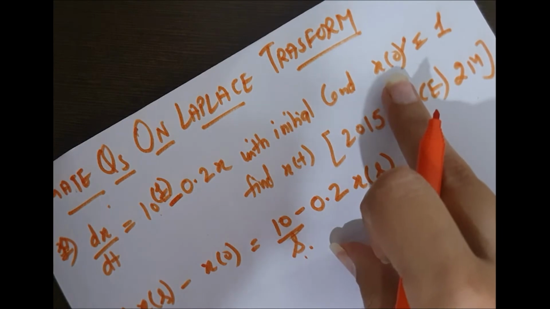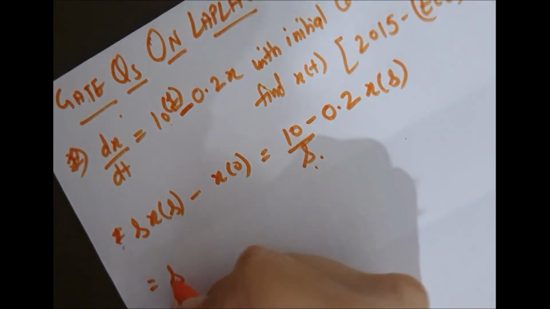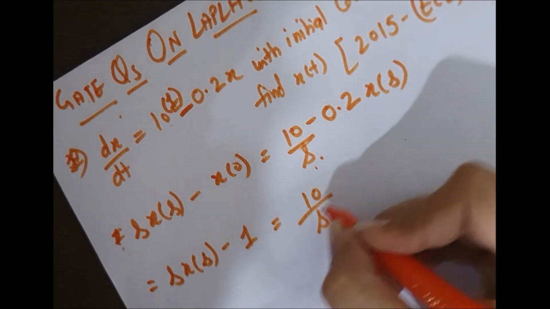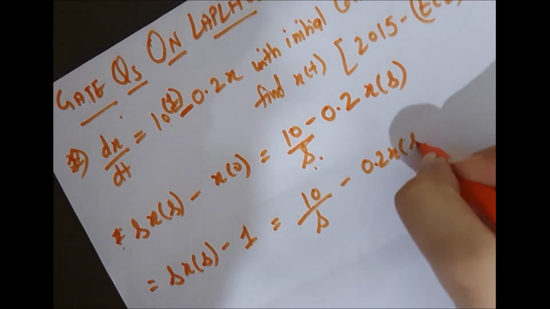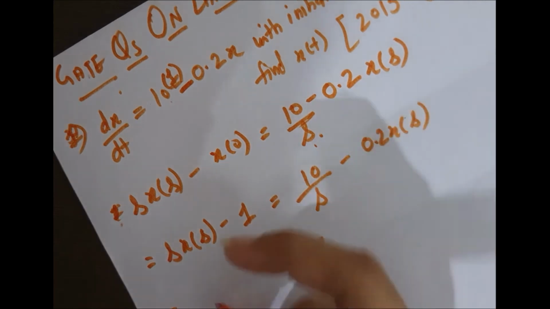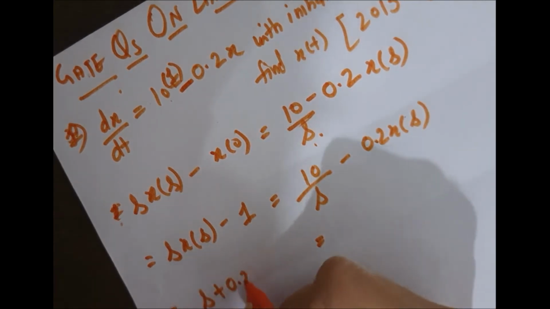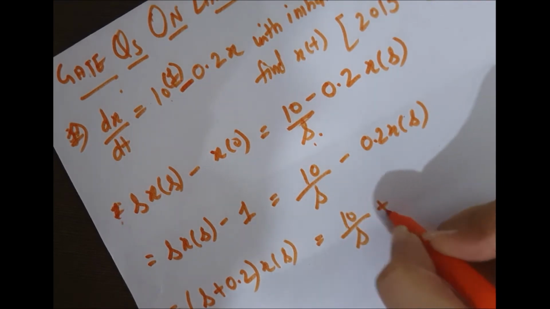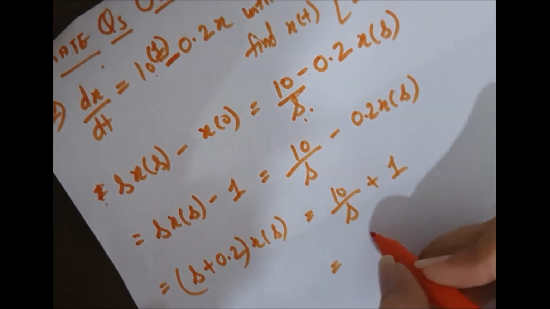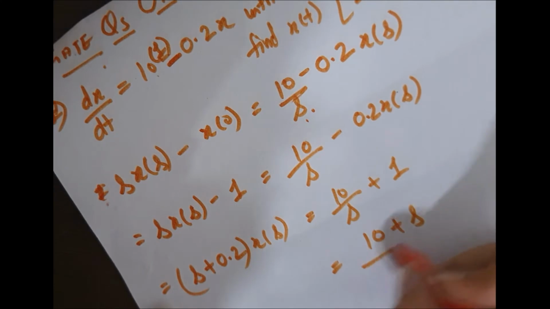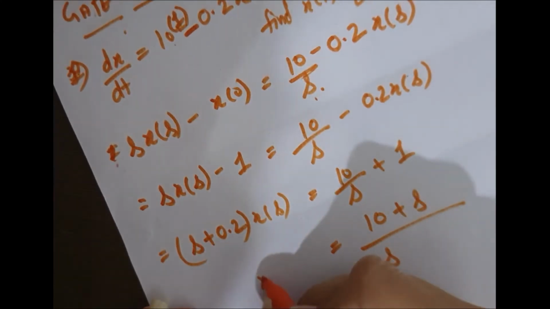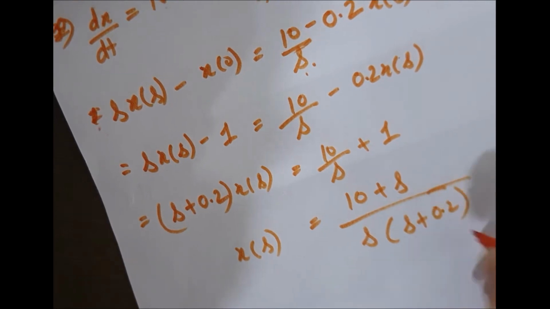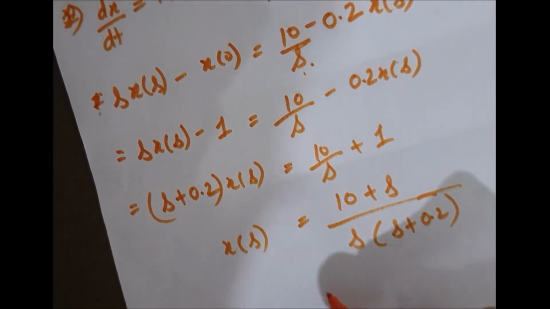Here the given initial condition is 1, so put it. Take the X(s) terms to one side. Just solve it and you will get your answer.